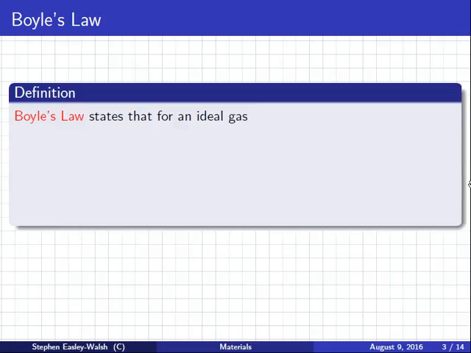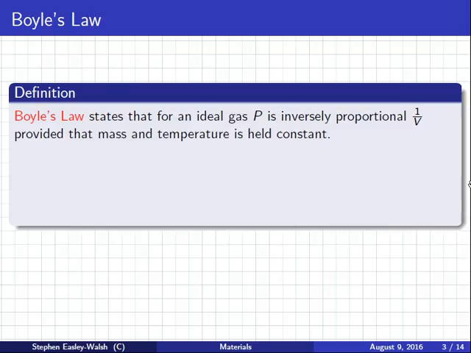Boyle's law for an ideal gas states that P is inversely proportional to volume. This means as the pressure increases, the volume decreases, or vice versa, provided that the mass and temperature are constant.